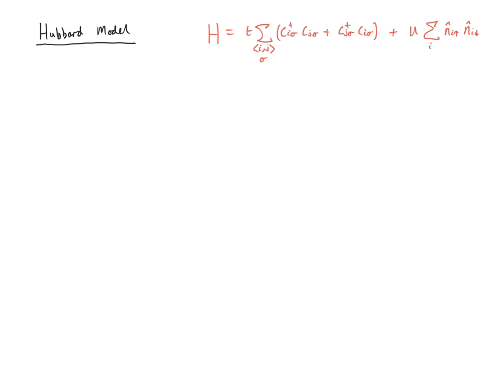Another possibility, of course, is to do approximations, but we'll see that this model has very rich physics in the non-perturbative regime. If we look at a ratio U over T that's very, very small, we can do perturbation theory in the interaction strength U. If we consider U over T very, very large, we can do perturbation theory in the tunneling T. But actually, a great deal of interesting physics happens when U over T is of order 1, and that's a non-perturbative regime.